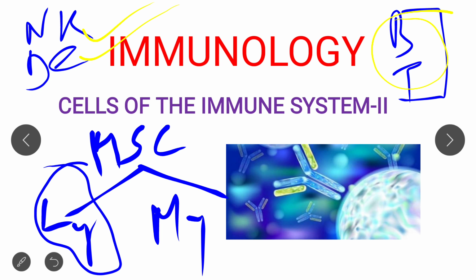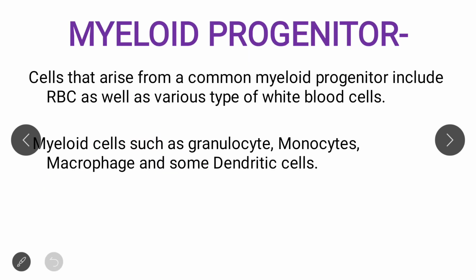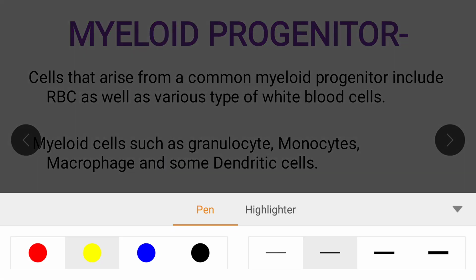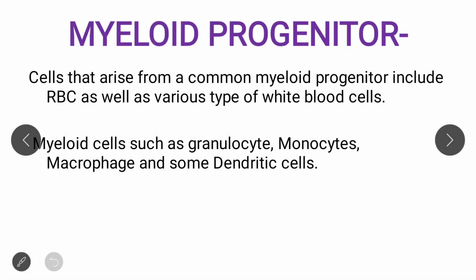Now today we are going to study the cells of the immune system, second part, which is basically the myeloid progenitor cell. So let's begin. The first thing that comes to our mind is, what types of cell are myeloid cells? Yes, they are different from lymphoid cells. Myeloid progenitor cells mainly include the granulocyte cells and monocytes.